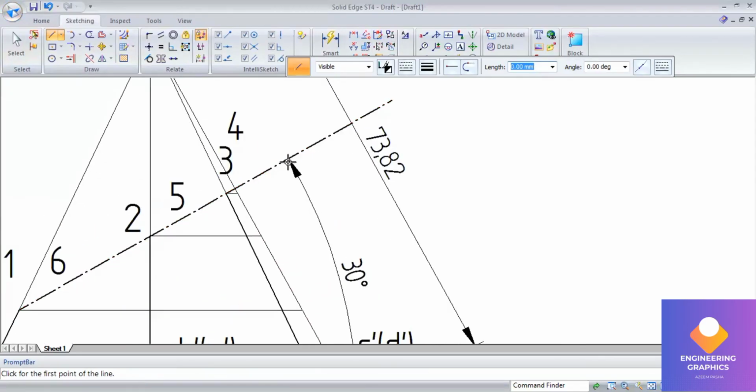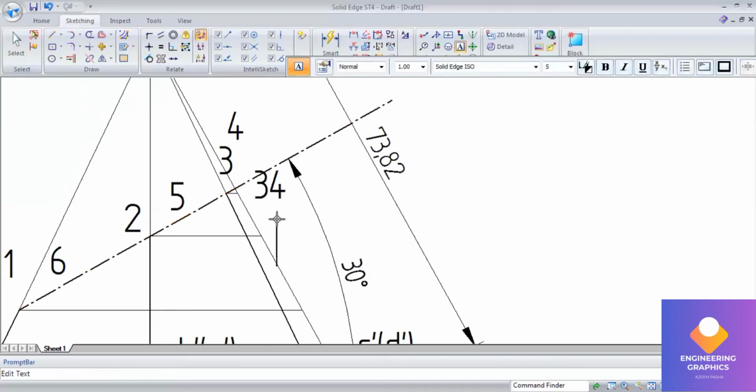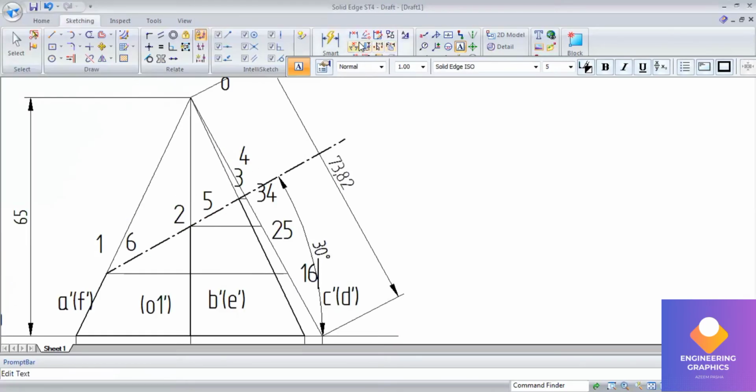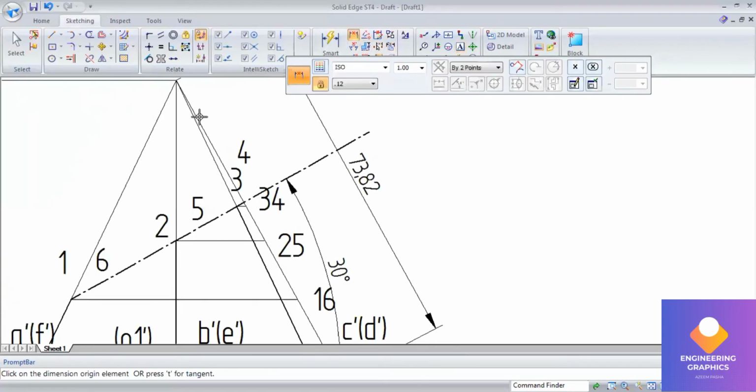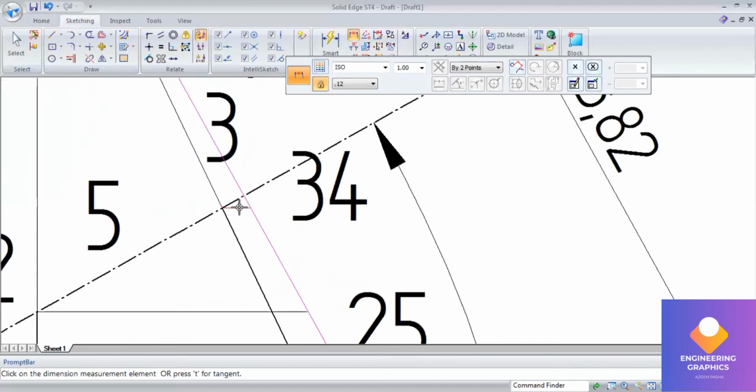Now mention the same naming here. This is where we are getting 3 and 4. This is where 2 and 5. And this is 1 and 6. Okay, now all the points we are getting. Now we have to measure using distance between 2 points. Like this you can zoom in and find out the length.